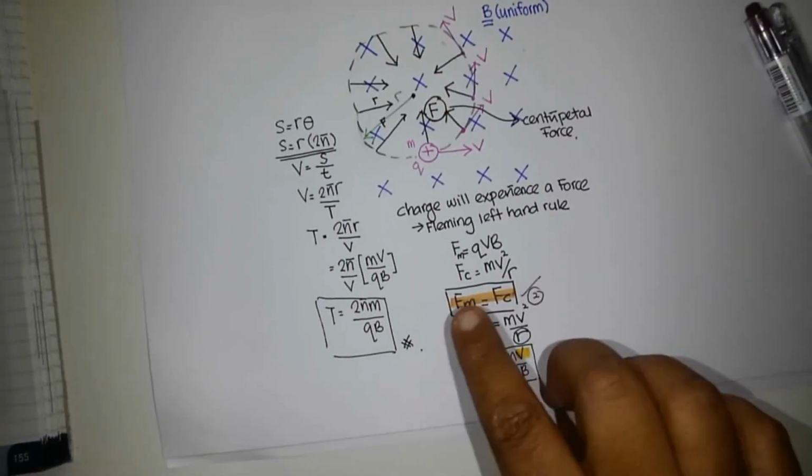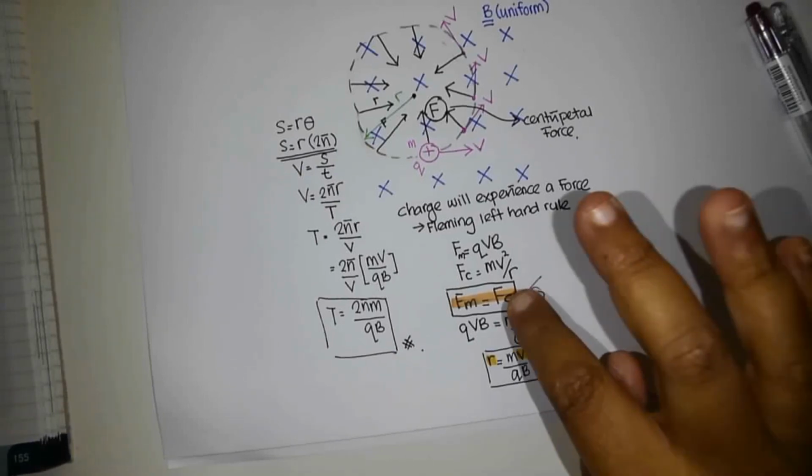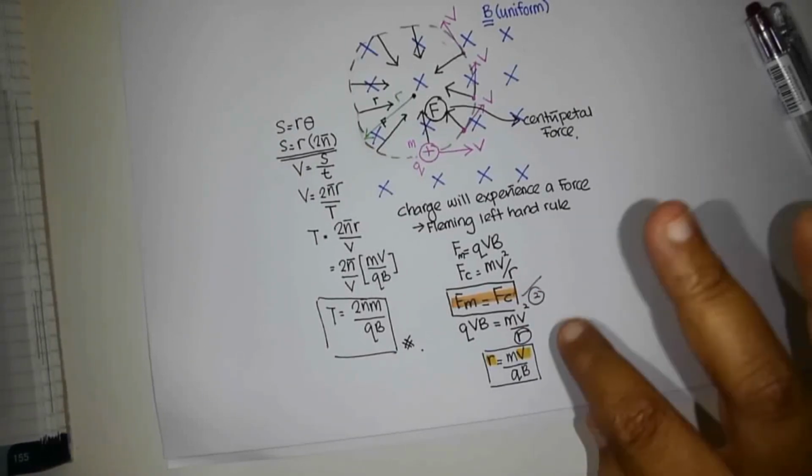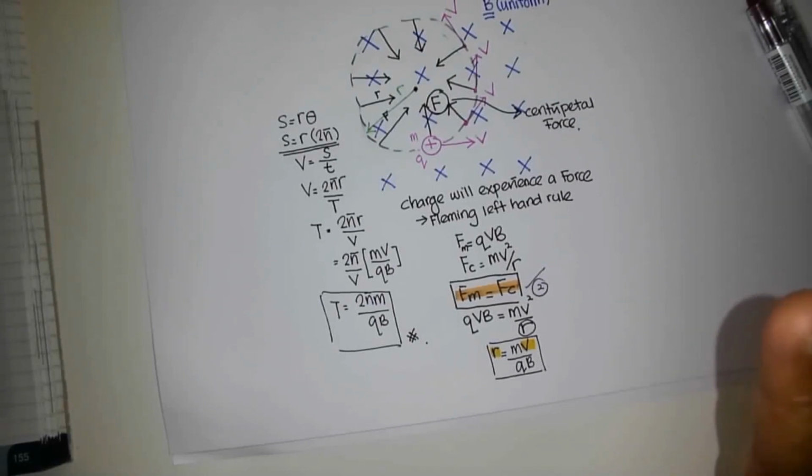That's why we get Fm equals Fc, and you can substitute Fc with any of the three formulas. Here I substitute mv squared over r. You can also substitute m r omega squared, or m v omega, and you can find your omega also if you want.